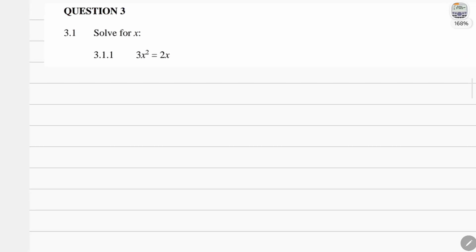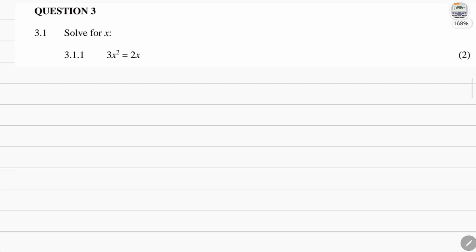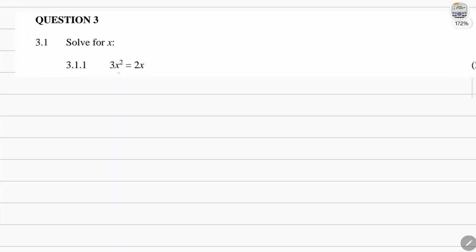Question 3.1 says, solve for x, and you can see that we have this equation. Now, it can be tempting to just say divide both sides by x, but you shouldn't do that. The reason why is because if x is equal to 0, then this is now undefined if you divide by 0. So what we're going to do is take the 2x over, and we have 3x squared, then minus 2x is equal to 0.